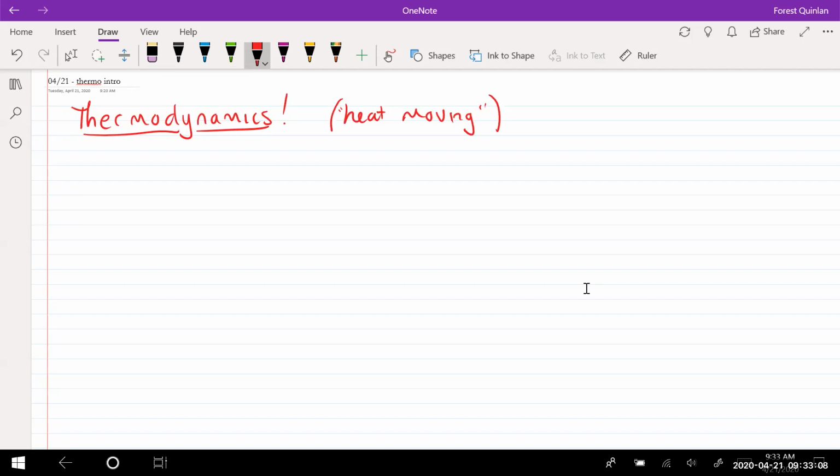So this is the flow of energy, which a lot of people will go ahead and say heat. I don't like that because they'll also say that heat is the flow of heat, which is really weird. So I like to call it the flow of energy or heat from one thing to another.